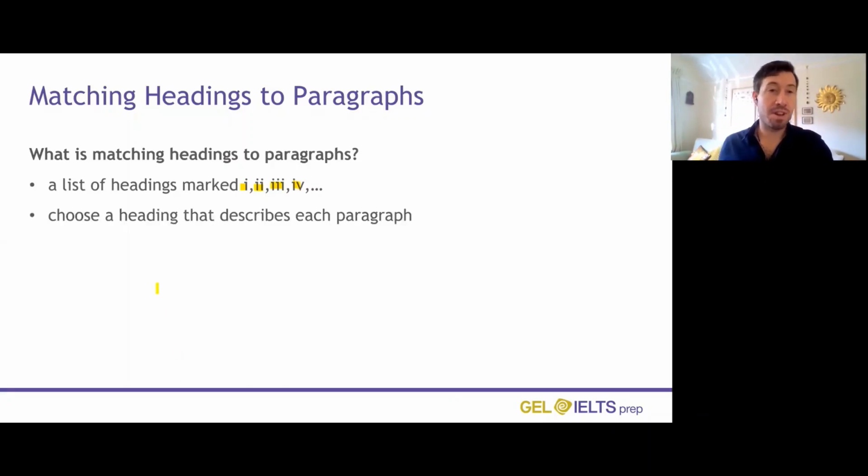So you have to choose a heading that describes each paragraph. Often you don't need all of the headings. So maybe there's like 6 paragraphs, but you have 10 headings. So that can make it quite difficult because some of the headings sometimes have similar meanings.